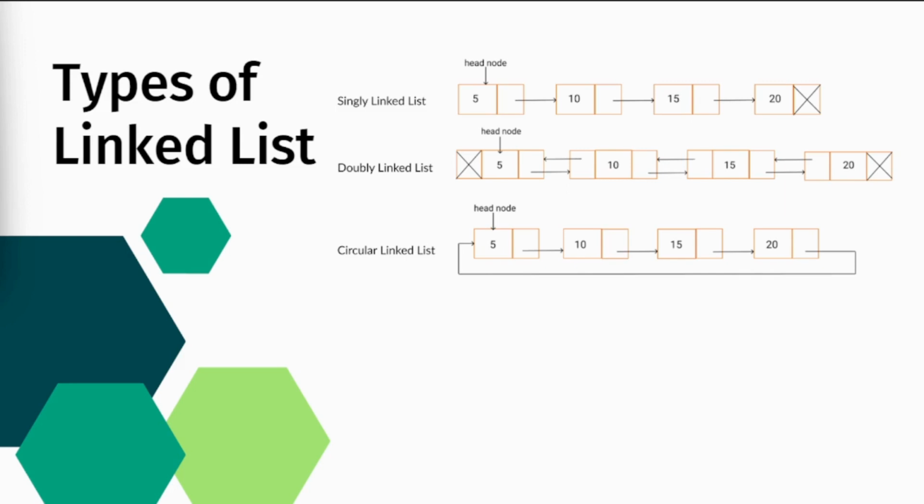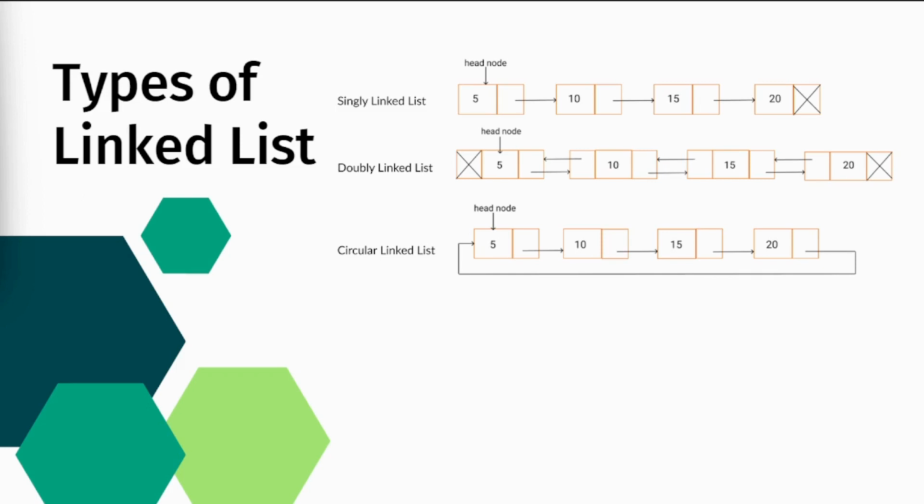Talking about the last type, the circular linked list, the CLL is a variation where the last node points back to the head node. It creates a loop. This loop forms a circular structure, hence the name circular linked list. Circular linked lists have applications in situations where we need continuous cycling or when we want to efficiently traverse the list without reaching the end.